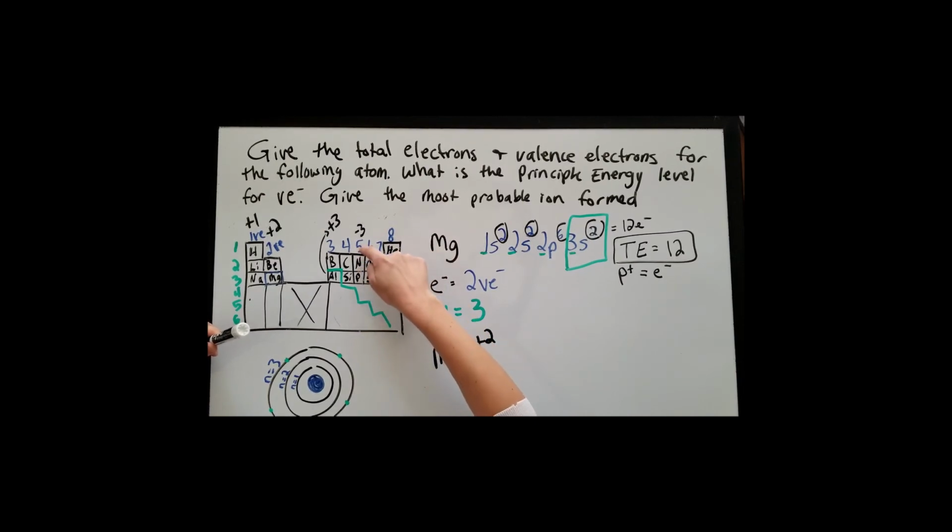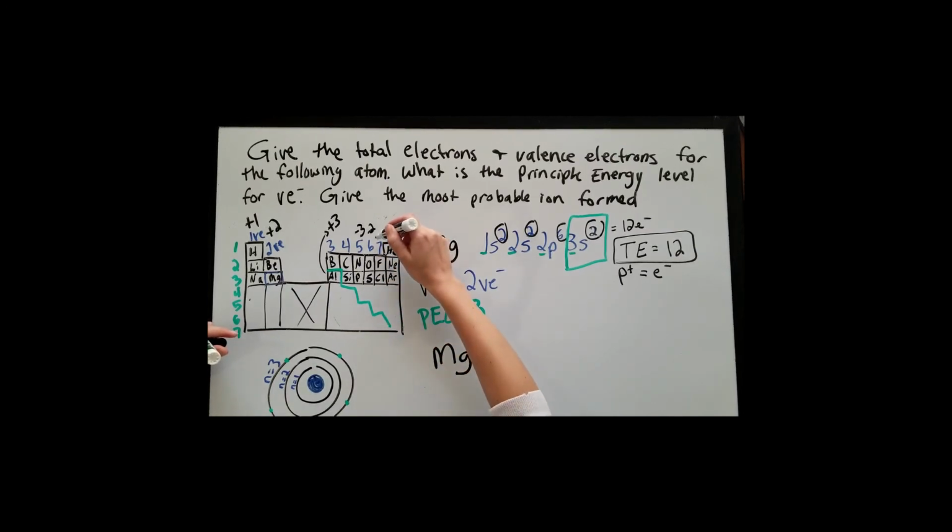Well, when nitrogen gains 3 electrons, since electrons are negatively charged, it's going to form a -3 anion. Oxygen, since it is 2 away from getting a full octet, it's going to gain 2 electrons to become a -2 anion. The halogens in group 17 here will form a -1 charge because they are 1 away from getting a full octet.